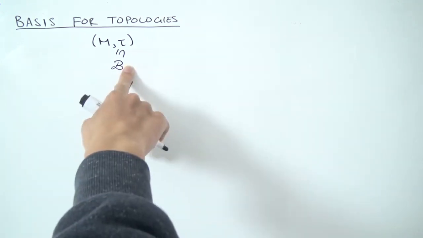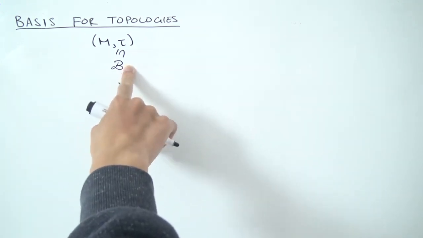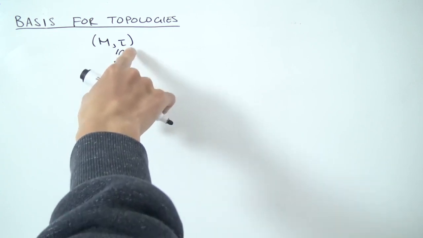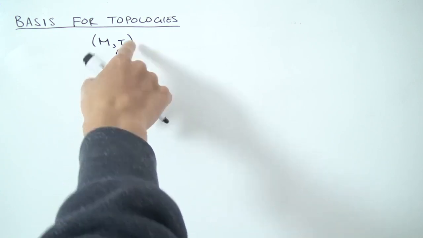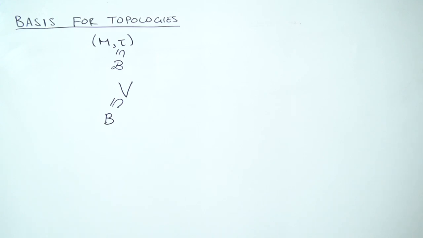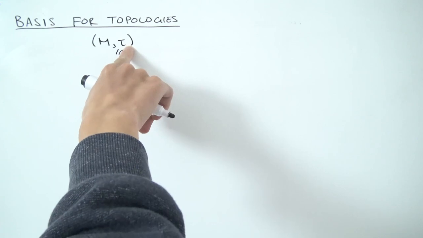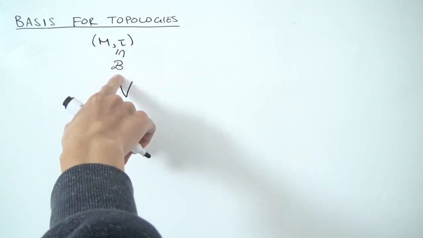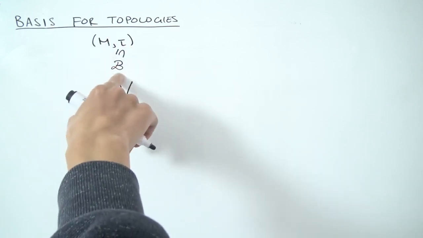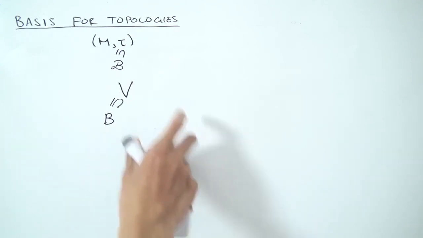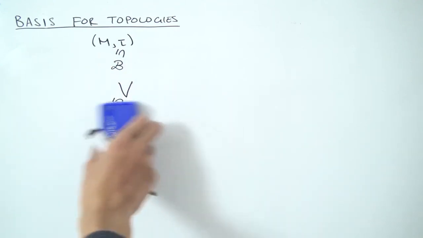But yeah, you only make a certain selection, and this selection must be able to generate the rest of your topology. And what do I mean by generate? Well, in this case, I mean unions. So every single element in your topology must be able to be generated by taking unions of elements in your basis. So that's the general idea, and a bit of an analogy with vector spaces, kind of like group theory as well, with generators and all of that stuff.